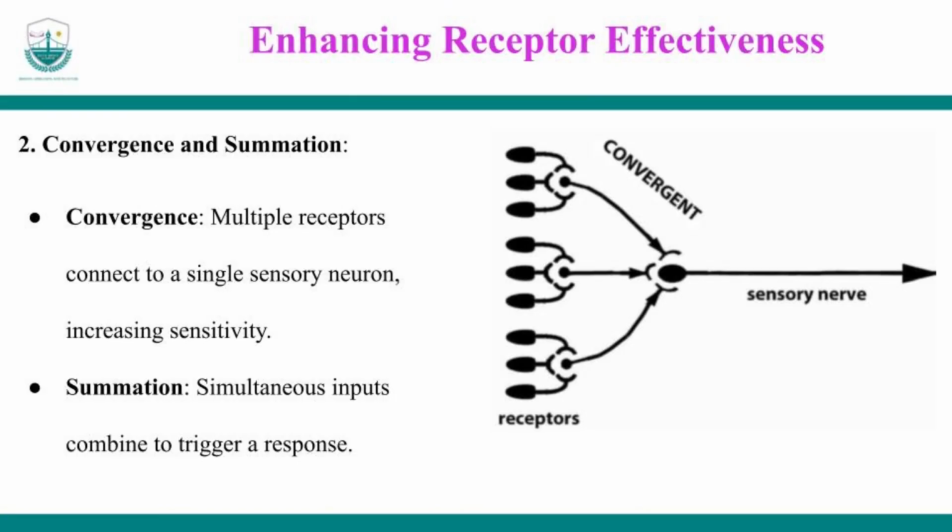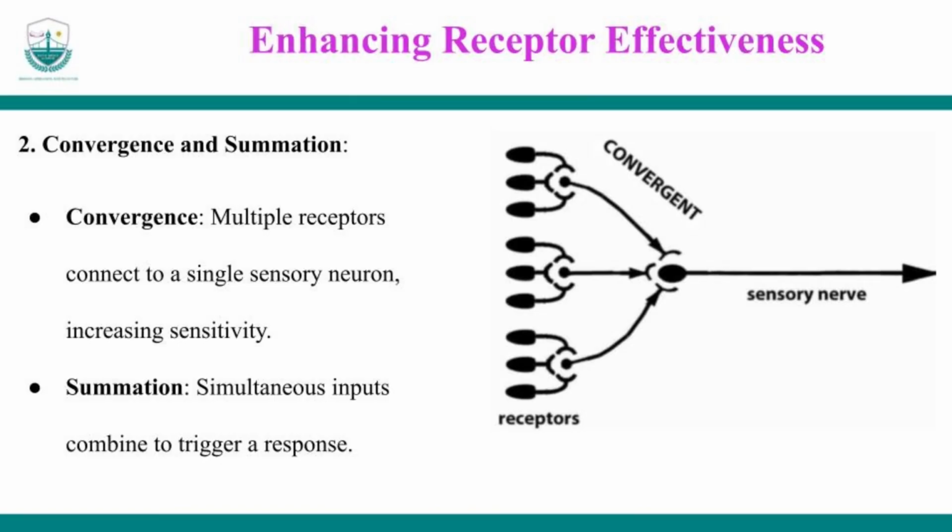Summation is that if you have small stimulations that cannot otherwise generate an action potential, but they are actually multiple, then the stimulation is combined or summed up. That's why we call it summation, and then that can generate an action potential.